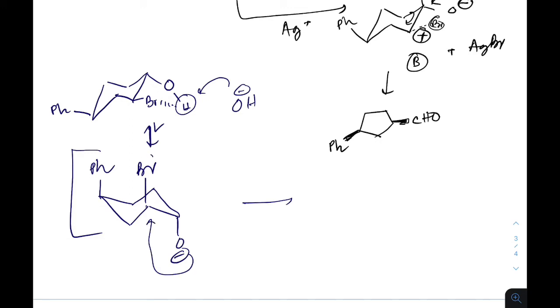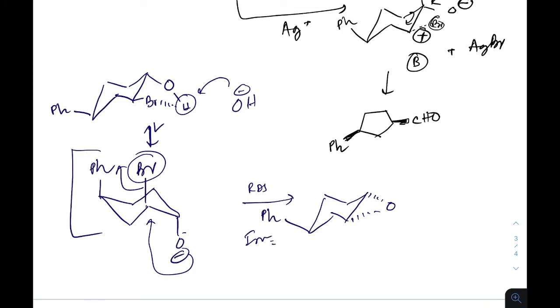after that this bromide and this O minus are anti-periplanar, therefore they will give this type of epoxide, and in this case you can see the epoxide ring is forming from below the plane. Therefore, the structure will be like this. As previous, this is RDS and this is an irreversible step.